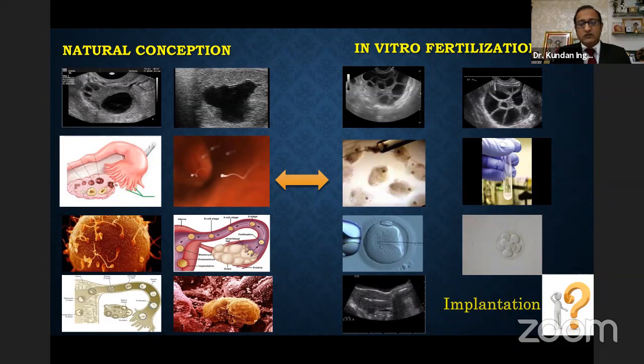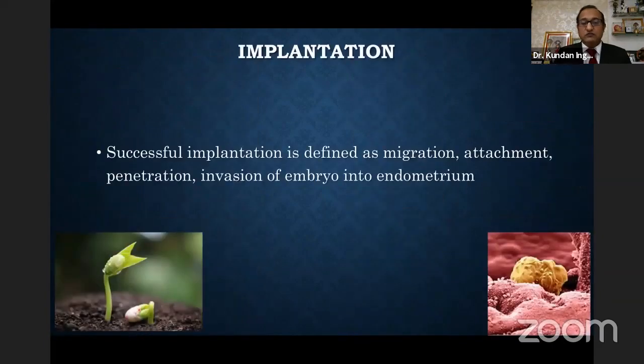We have to be sure that these 7 prior steps are happening properly. The only process where we cannot play any major role is implantation. That is why we have to look at a lot of different strategies to find out how we can improve implantation.